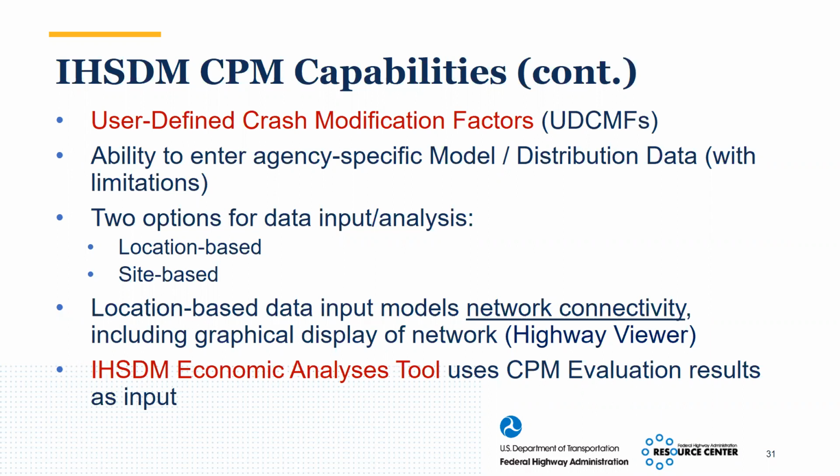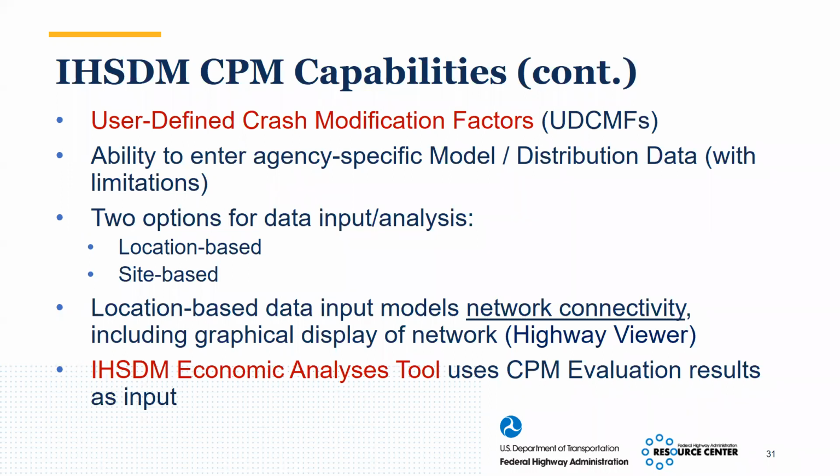What this means is if an agency, let's say PennDOT, has developed their own safety performance functions, if they're in the same functional form as the Highway Safety Manual models, they would be able to enter those into IHSDM and use their models rather than the default Highway Safety Manual models.